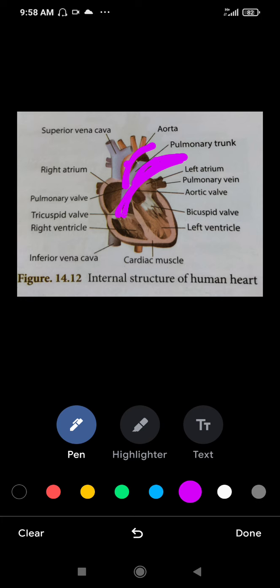This is the function of the semilunar valve. It is present only in the aorta and the pulmonary trunk.